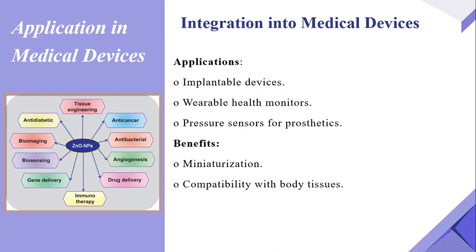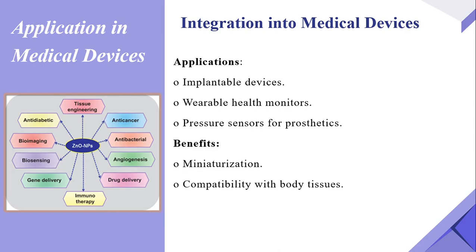Next is the wearable health monitor. Wearable health monitors are devices that track and record personal health information, and they can range from fitness trackers to blood pressure monitors, like our smartwatches. And the third one is the pressure sensor for prosthetics. Pressure sensors can be used in prosthetics to measure the pressure between the residual limb and the prosthetic socket.